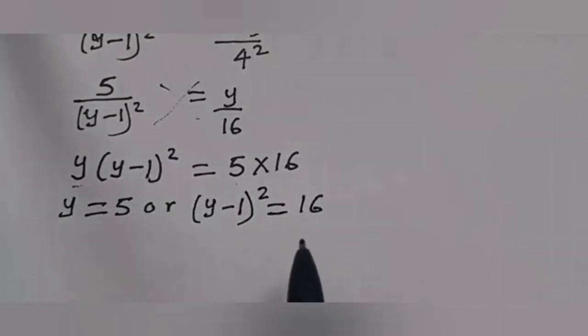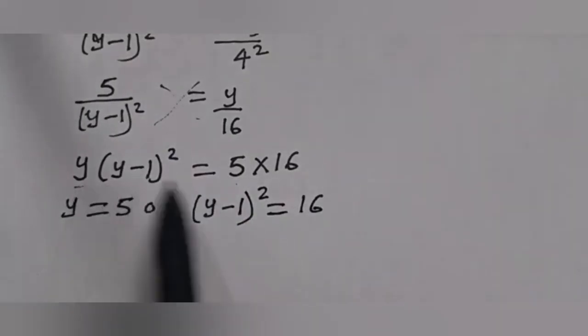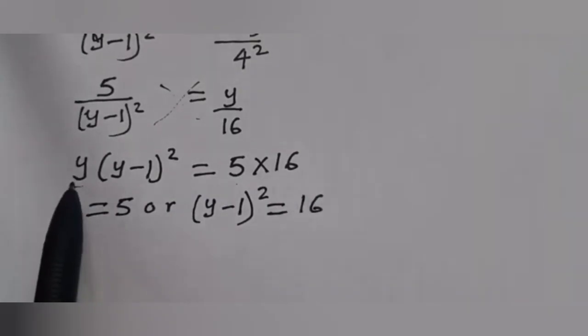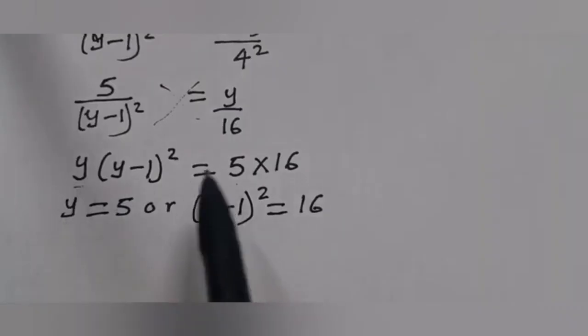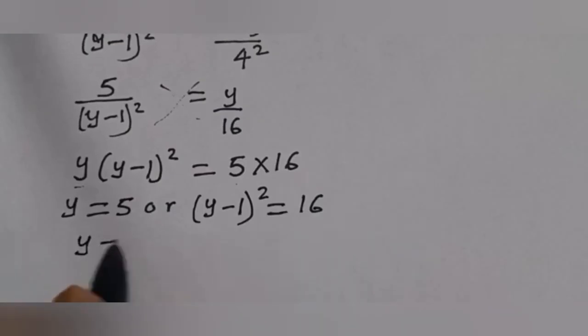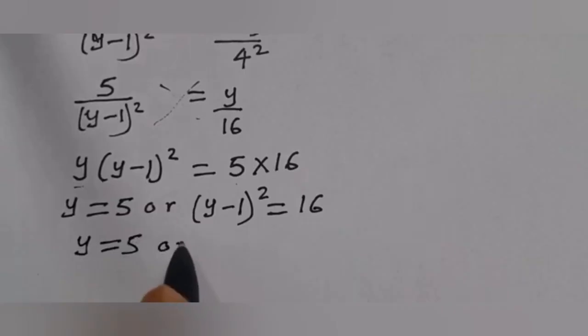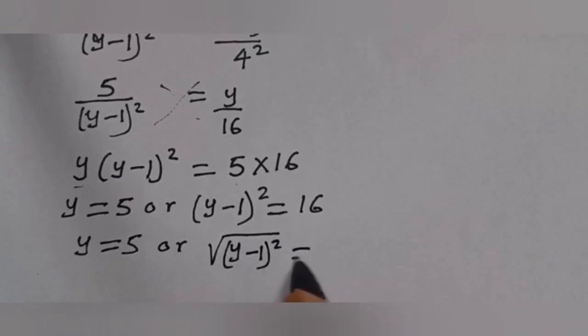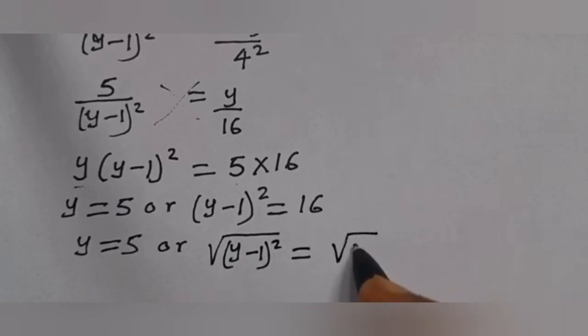What we do is just a comparison. We compare the left-hand side expression and the right-hand side expression. In our case here, y equals 5, and this expression equals 16. So we have y equals 5, or here, taking the square root, taking the positive value, the square root of 16.